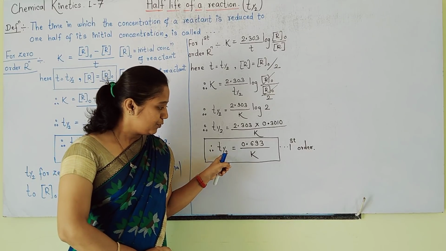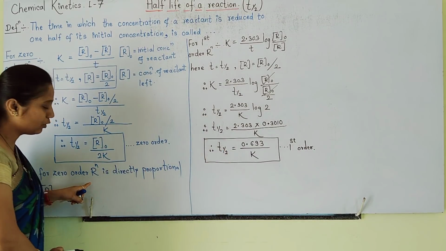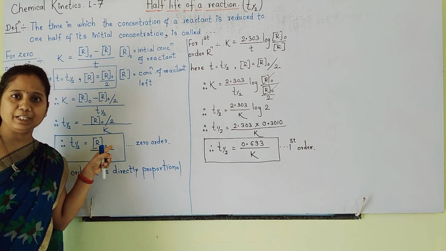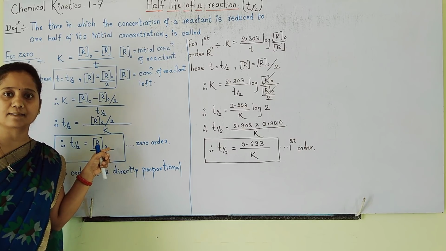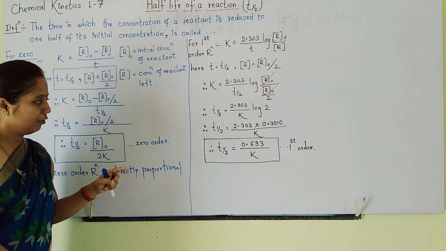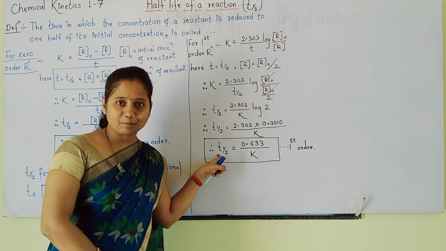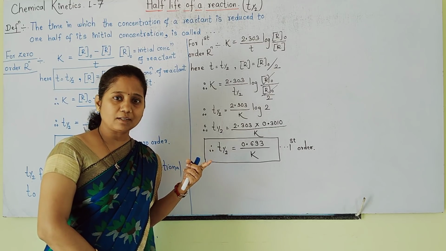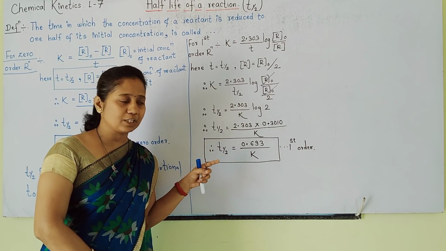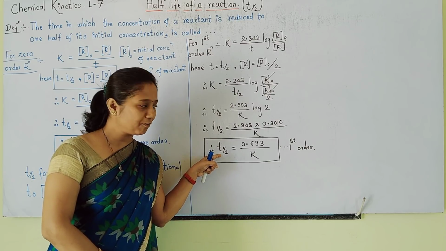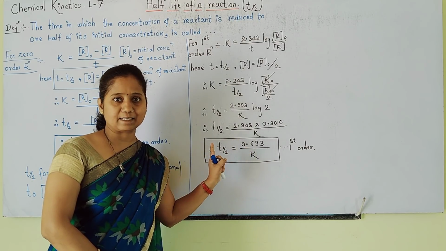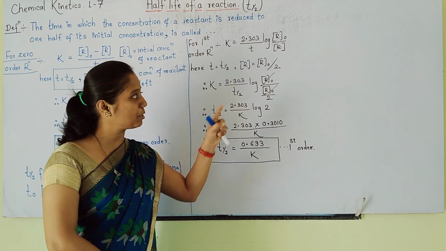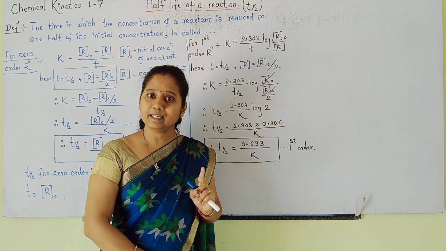See, students, what conclusion did we write for the zero order reaction? Half-life is directly proportional to the initial concentration of reactant. The question will be asked like this only: prove that. For a first order reaction, how can they ask it, because the initial concentration of reactant has already cancelled?